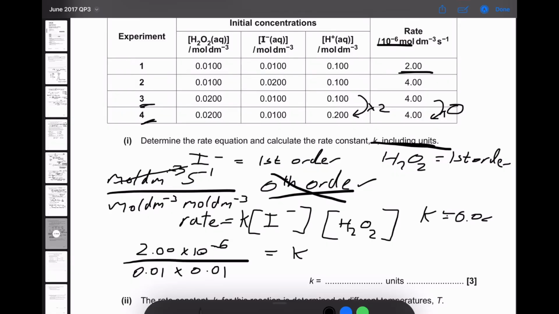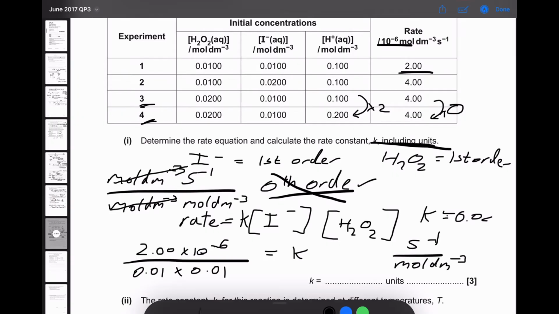So we take out that moles per decimeters cubed, we take out that moles per decimeters cubed. So that leaves us with seconds to the minus 1, over moles per decimeters cubed.